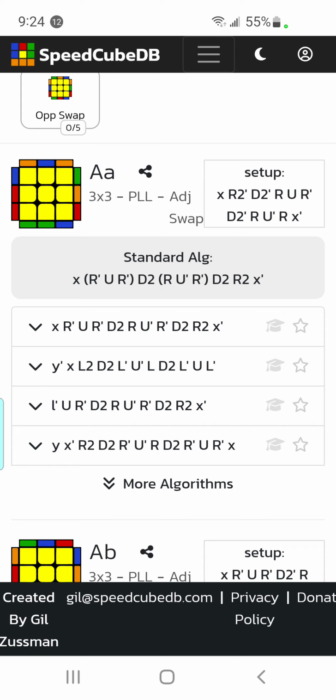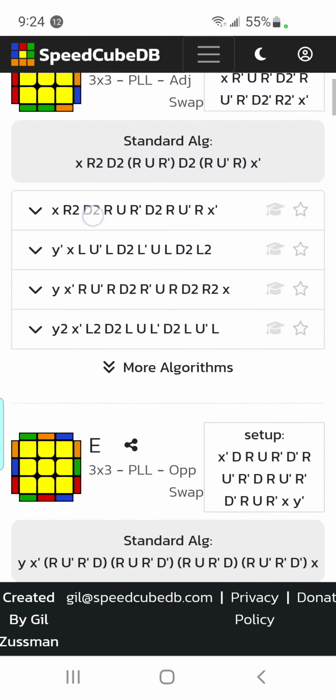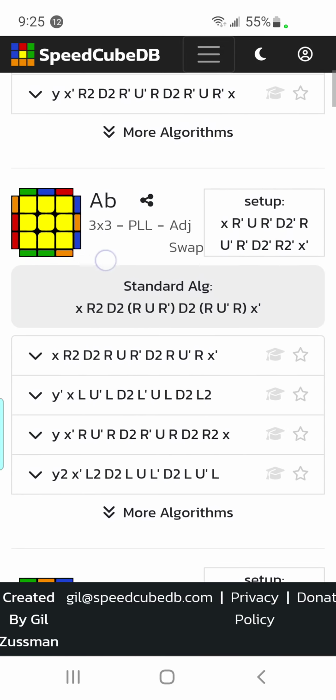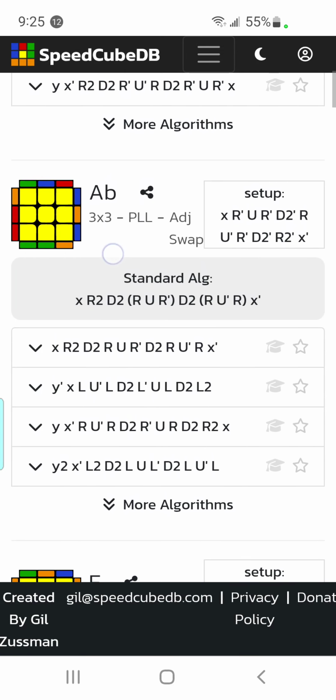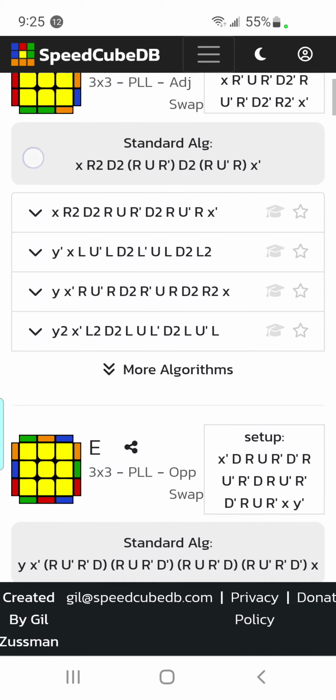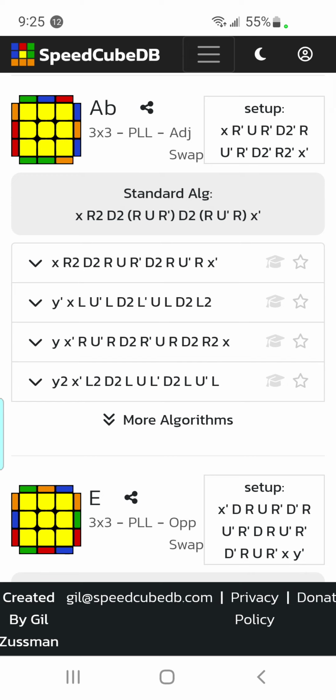the algorithms. Okay. So now that you're done with the AA perm, now you're going to the AB perm. Also, if you're wondering which site I'm using to see all of these algs, I'm using SpeedCubeDB. So for AB perm, it's the opposite of AA perm.